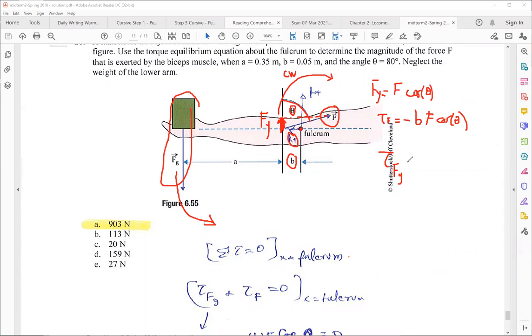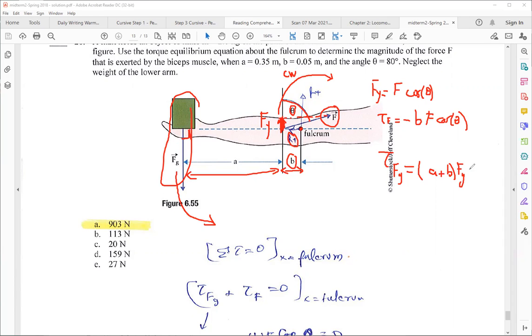Torque Fg will be a positive torque, and the distance from the fulcrum to where the force is applied is distance B plus distance A. So that would be A plus B, multiplied by Fg, and multiplied by sine 90 degrees, because it's acting at 90 degrees.